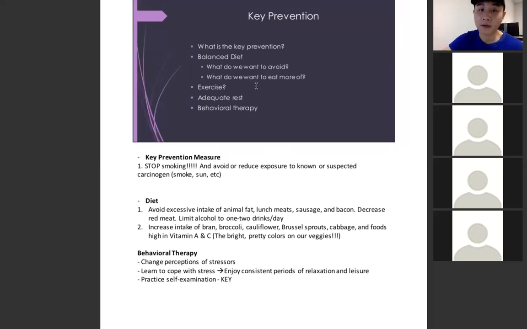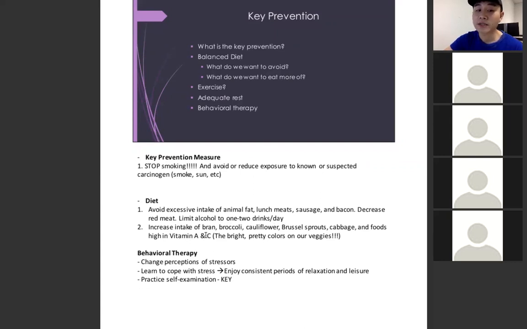Balanced diet. We need to avoid excessive intake of animal fat, lunch meats, those Lunchables, sausage, bacon, high in cholesterol, high in LDL, unhealthy saturated fat. Decrease red meat, limit alcohol to 1 to 2 drinks a day.